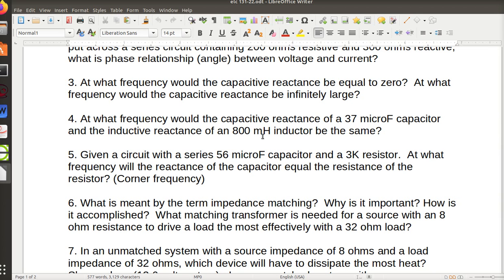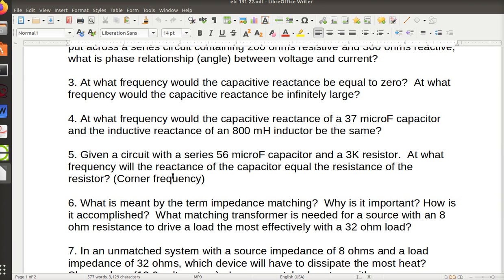And then that's 4. For number 5, since capacitive reactance changes with frequency, you can find a frequency where it is equal to any resistor, and again, that is the corner frequency. Now we have the corner frequency for inductance, and you also have a corner frequency for capacitance.